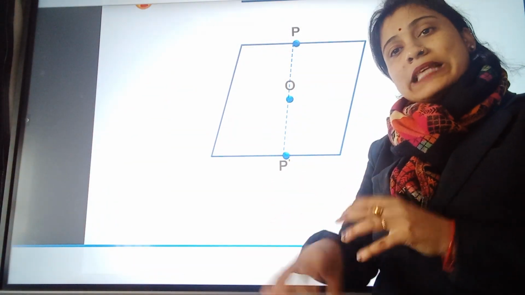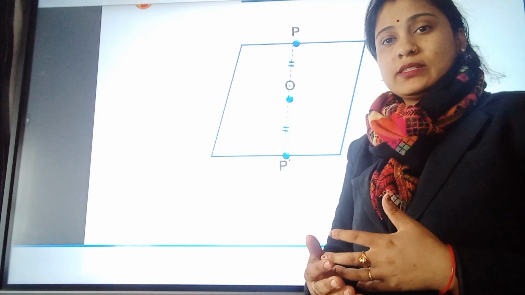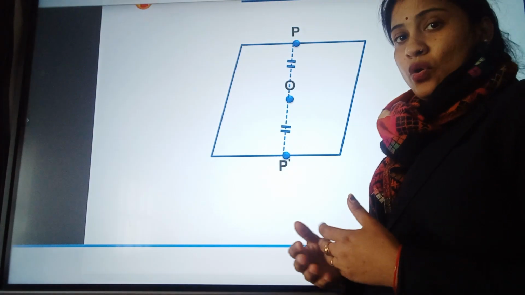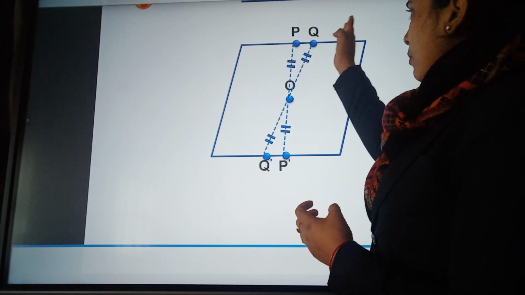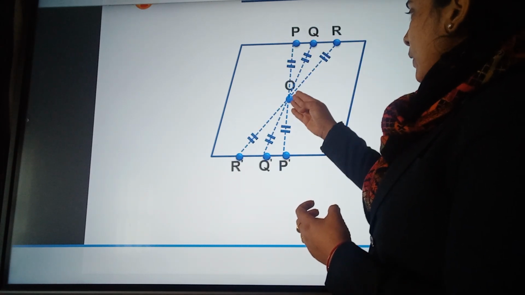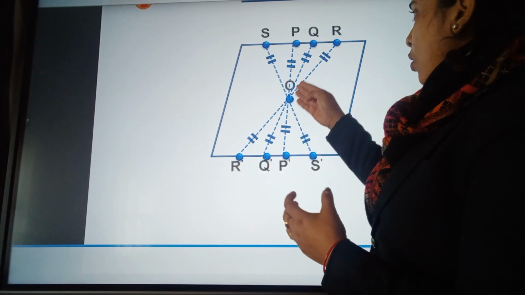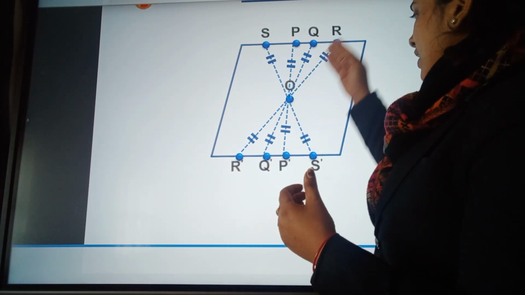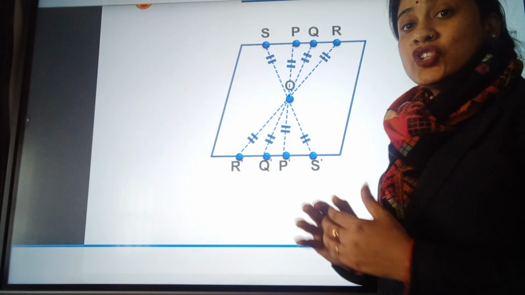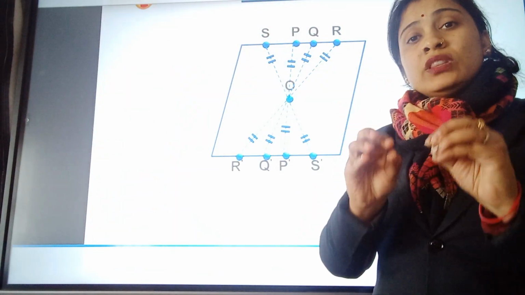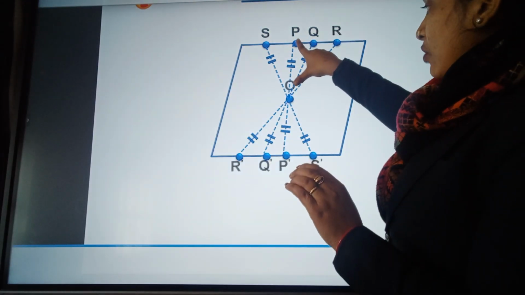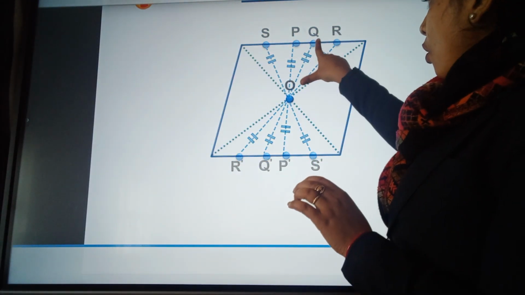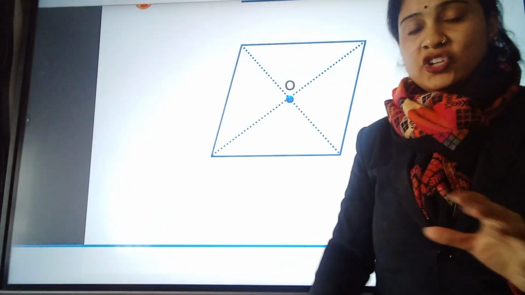Now let us take some more pairs of such lines. On taking more pairs, we will find that all the points we take, which are equidistant from O, like Q, Q dash, R, R dash, S and S dash, have the same distance. Like OP will be equal to OP dash, OQ will be equal to OQ dash, and so on.